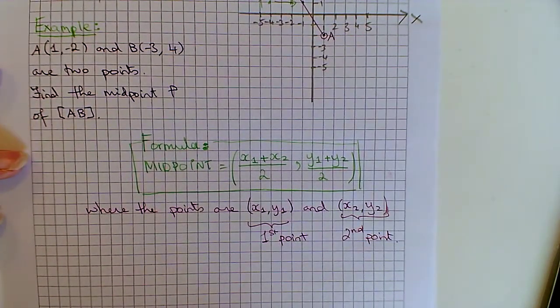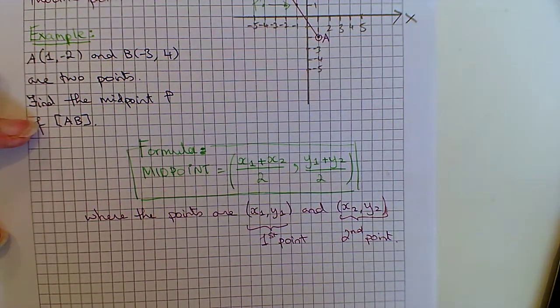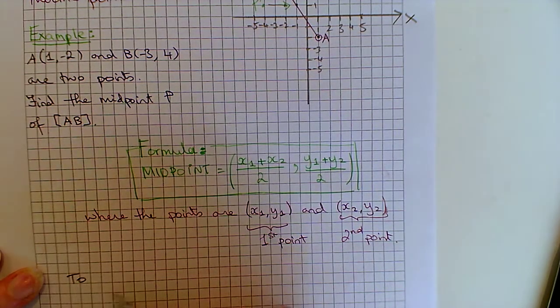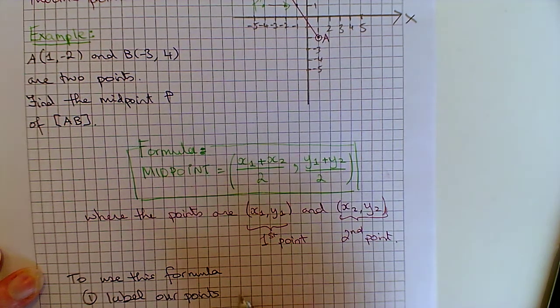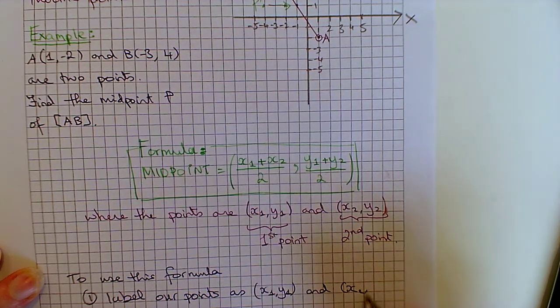So what are we going to do when we want to use this formula? We're going to do some substitution. This is actually a type of algebra. So to use this formula, we want to label our points as x1, y1 and x2, y2.